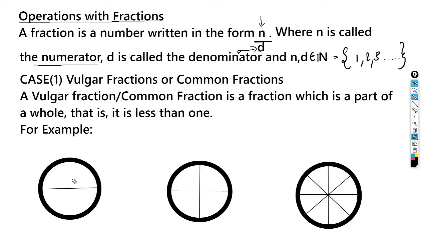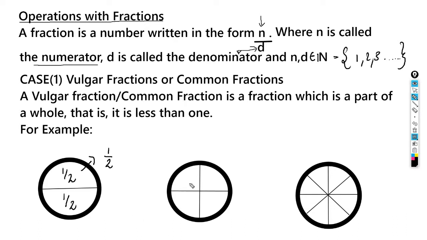All right, so let's look at some examples here. We have a full circle, but we can see that there's a line through this circle. So the top here is a half of that circle, and the other is a half of the circle. So this section of the circle is a vulgar fraction or a common fraction, which is a half.